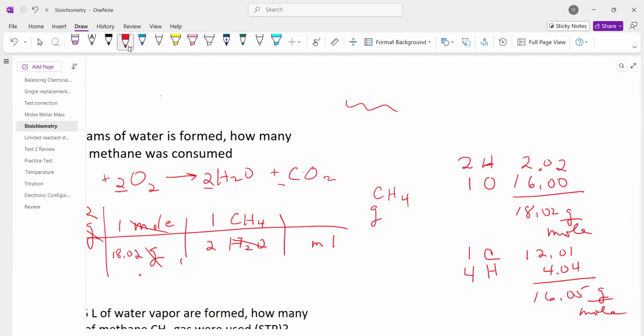Why does it keep doing that? It's not cooperating.